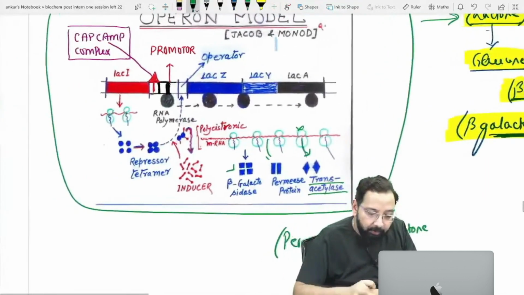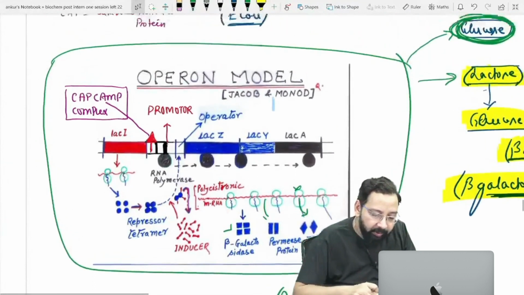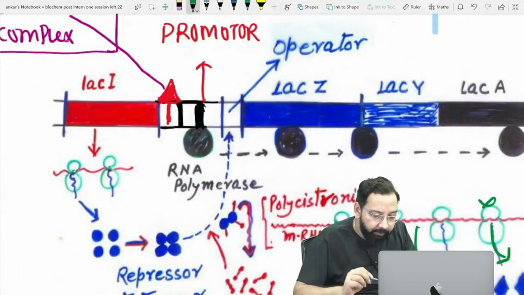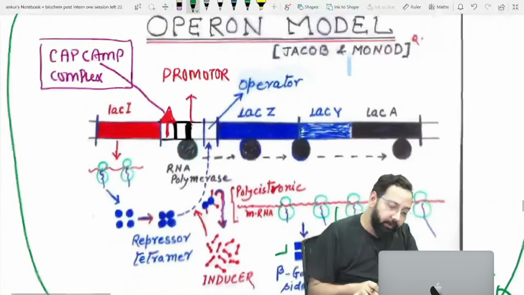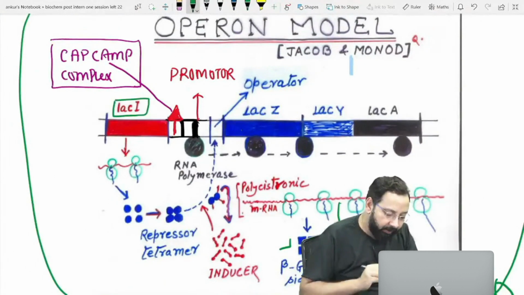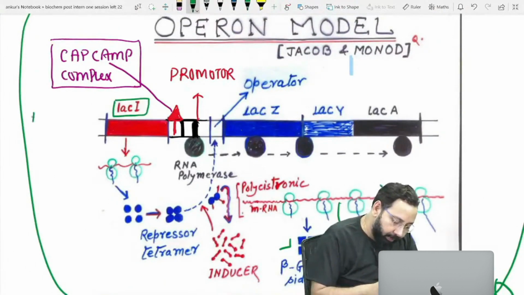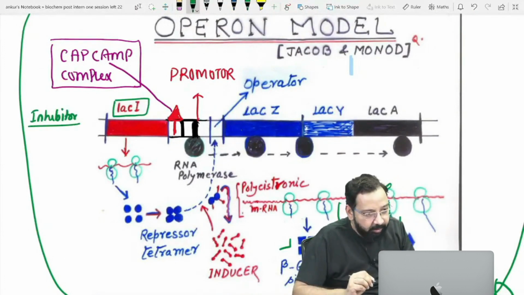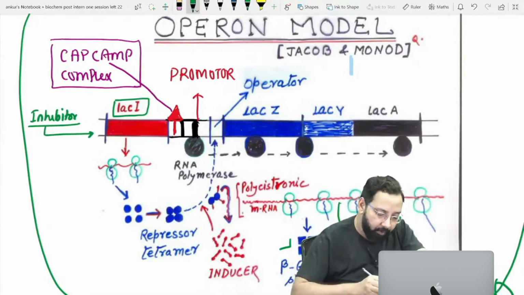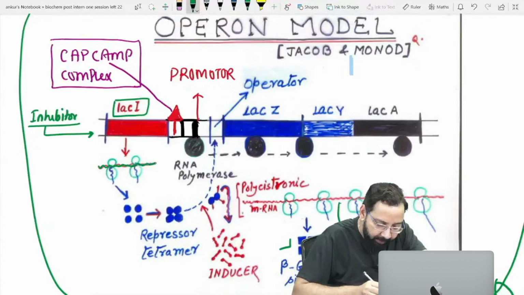So we found how these genes are regulated. In E. coli there is a gene, lac I. I means inhibitor. This lac I gene synthesizes messenger RNA, which synthesizes a protein.